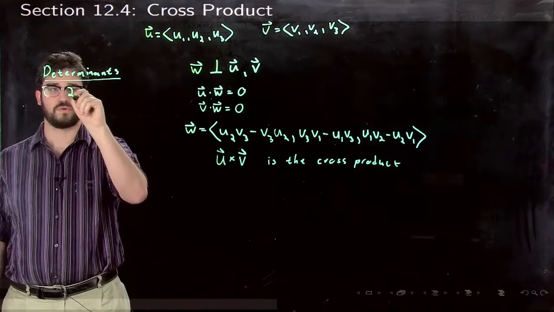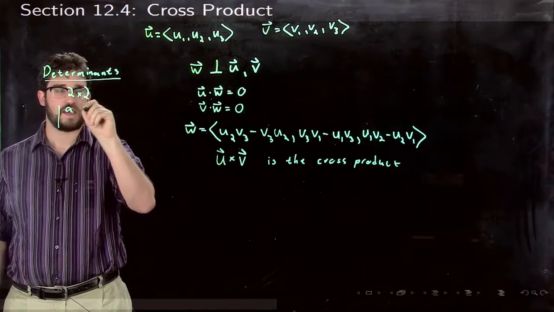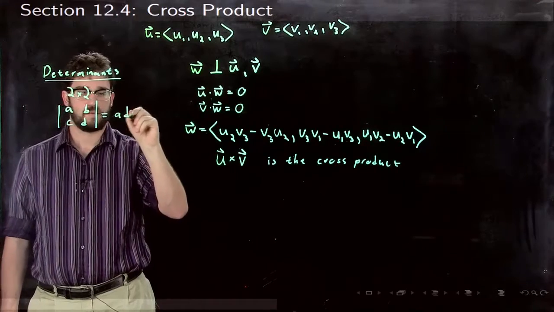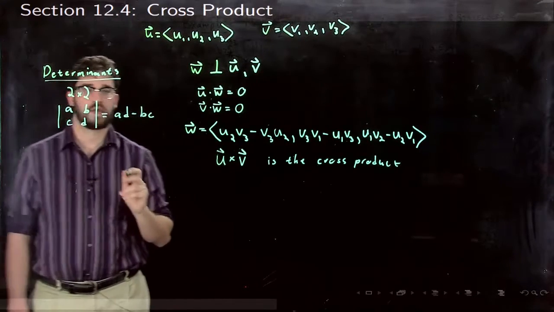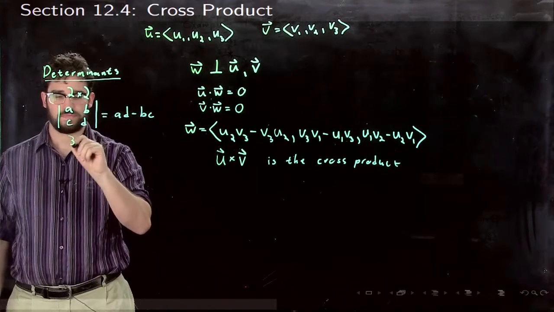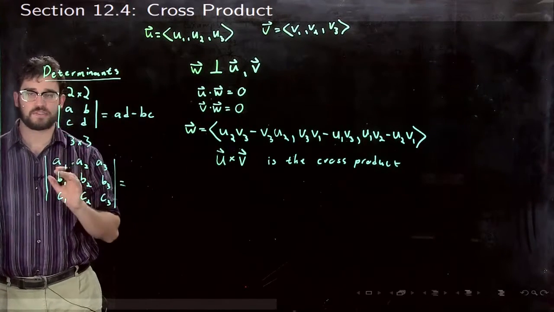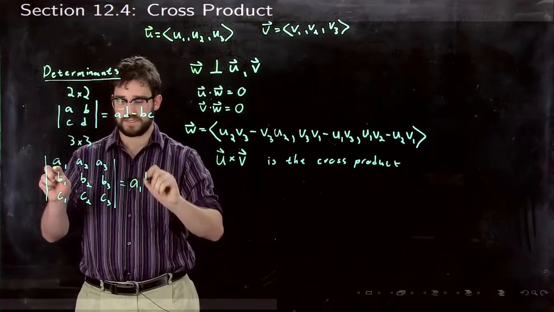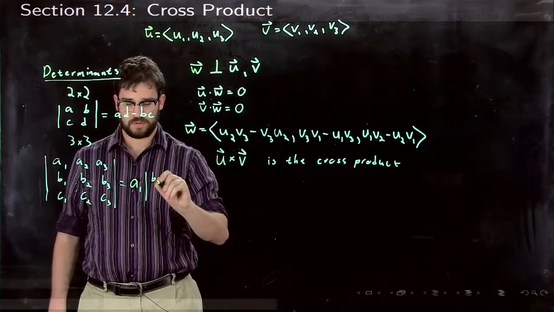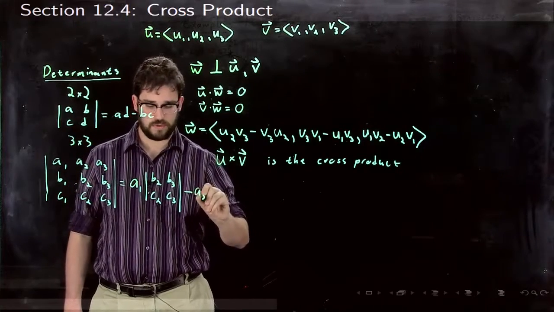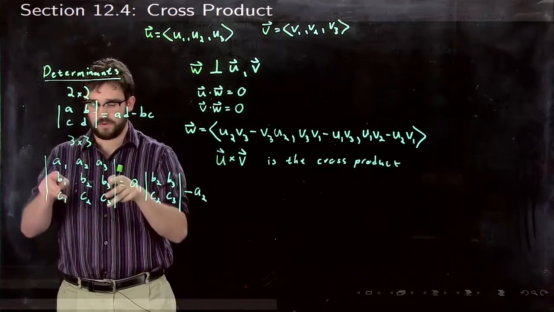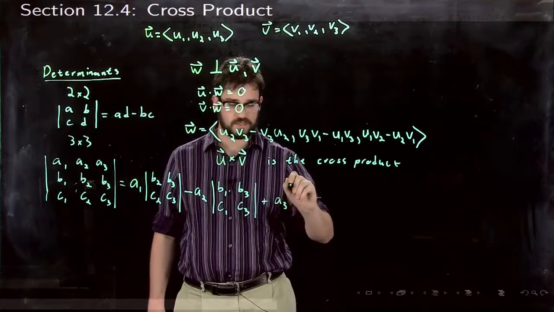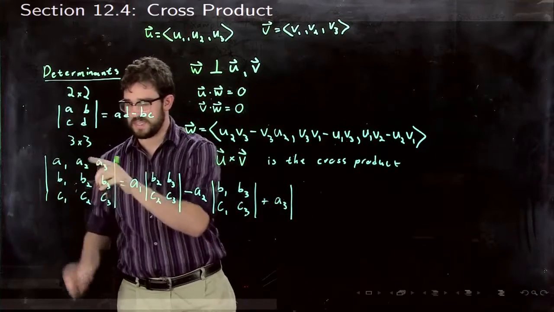If we have a 2 by 2 matrix with entries A, B, C, D, the determinant is just A times D minus B times C. And a 3 by 3 matrix is going to have the determinant of A1 times the determinant of this box, minus A2 times the determinant of, if we cross these out, this box, plus A3 times the determinant of, cross out these, this box.